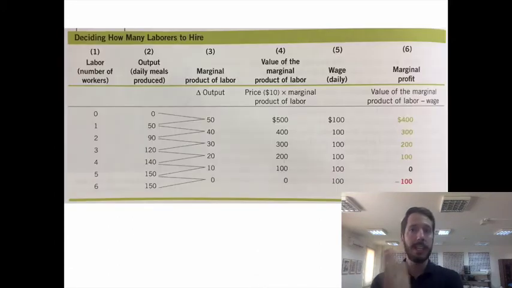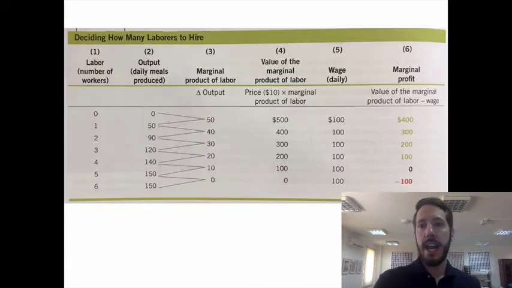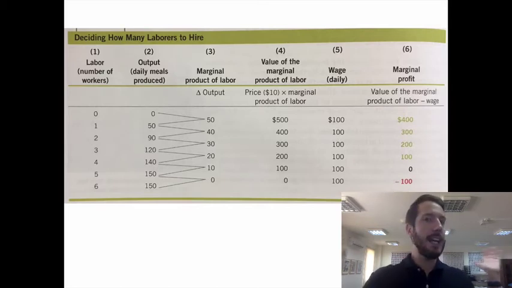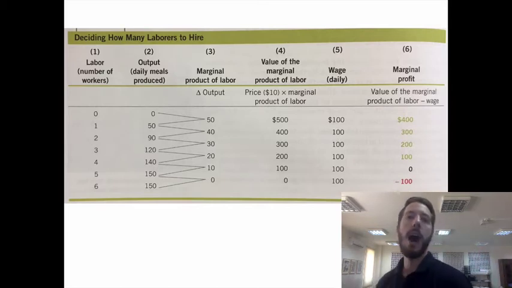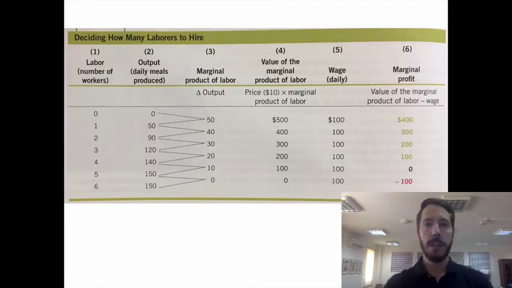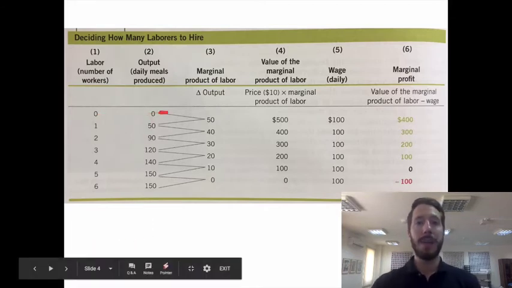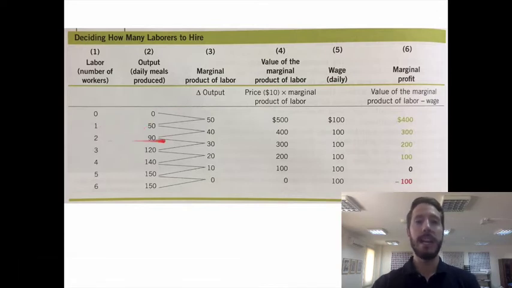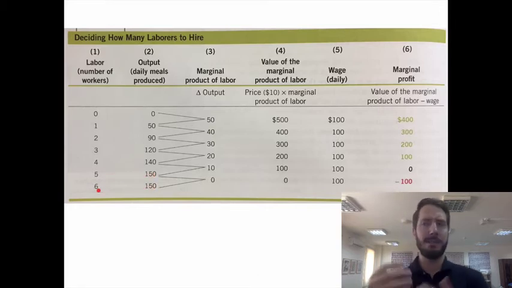So here's an example. Let's say we are working at a McDonald's, and I have to figure out how many people I need to hire. If I hire 0 people, I'm getting 0 meals delivered. If I hire 1 person, I get 50; 2, I get 90; 3, I get 120; 4, I get 140; 5, I get 150; and at 6, I don't actually change.